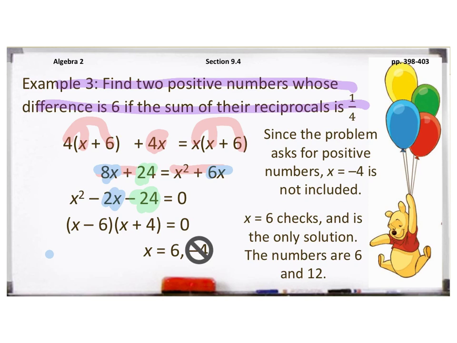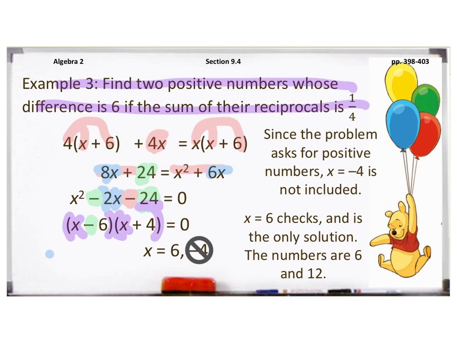I factor this. Okay, parentheses, x, x. Factors of 24 that subtract to 2 are 6 and 4. The largest is negative, so it's a minus 6.